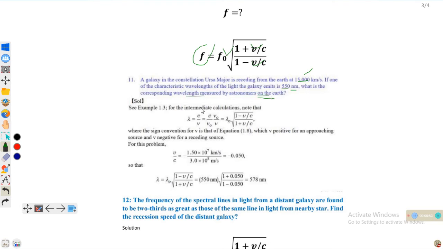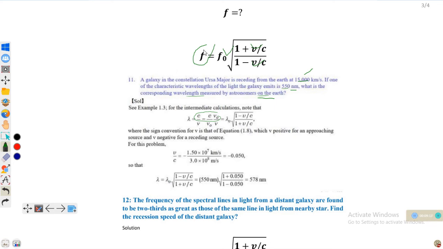So lambda is equal to C over mu, and if we multiply this by mu naught over mu naught, we get C mu naught over mu naught into mu. If we directly write the formula, lambda is equal to lambda naught times the square root of (1 minus V over C) over (1 plus V over C).